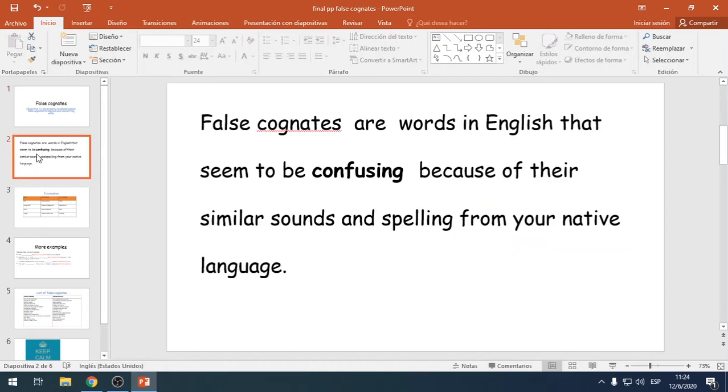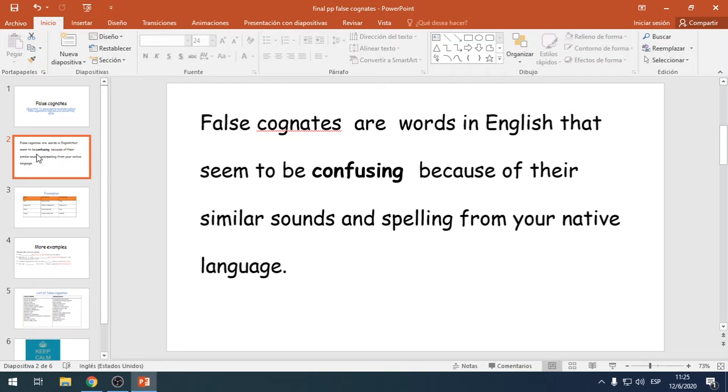Okay, so first, what are false cognates? Look at this. False cognates are words in English that seem to be confusing. Why do they tend to be confusing? Because of their similar sounds and spelling to words in your native language.